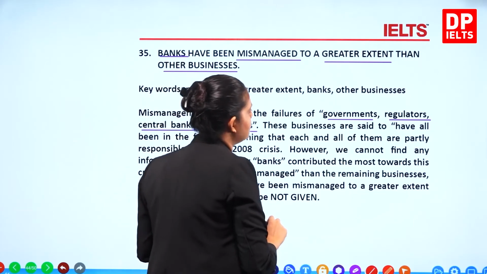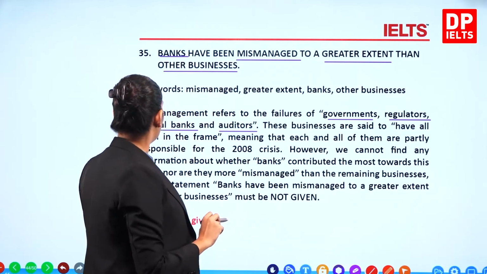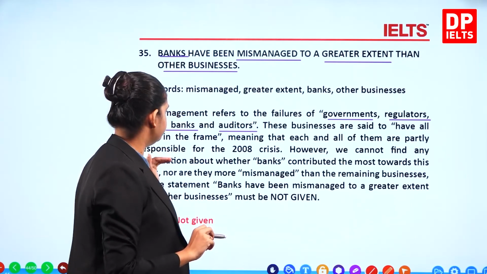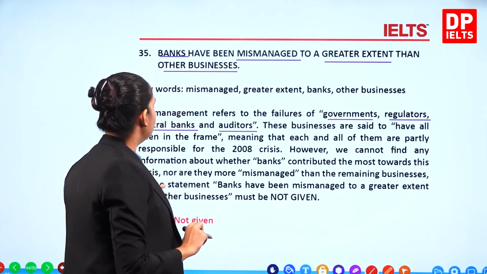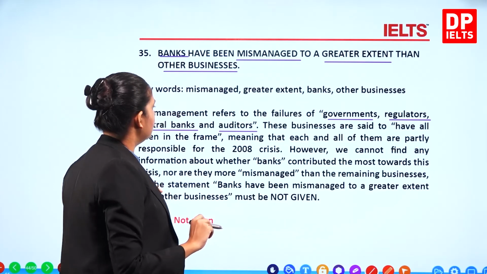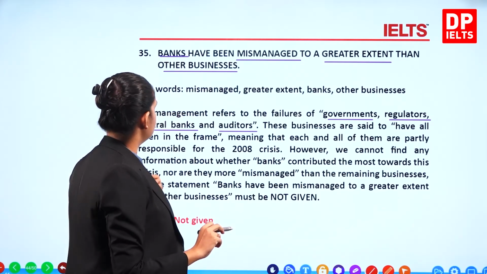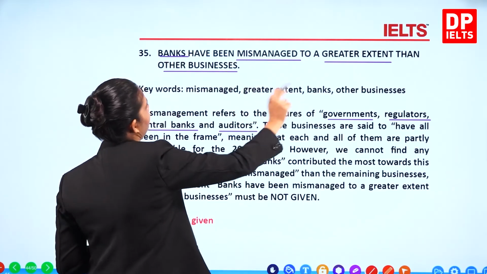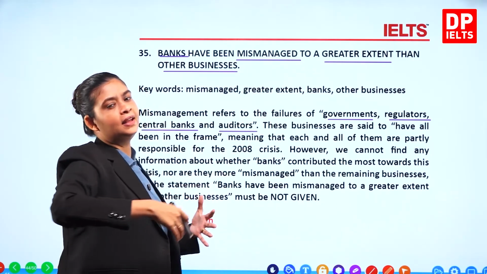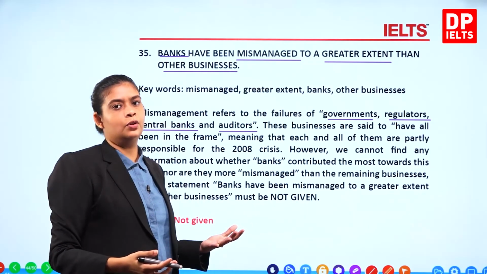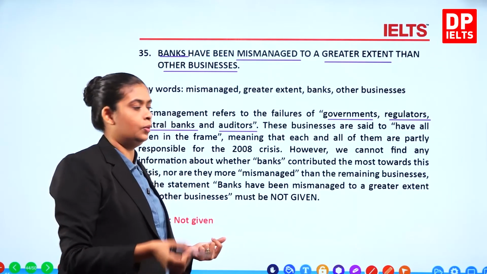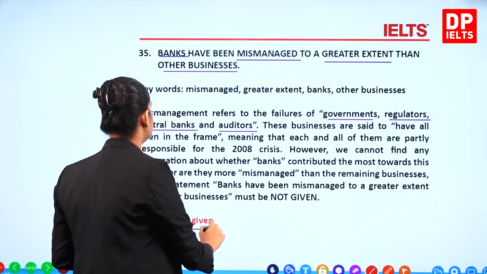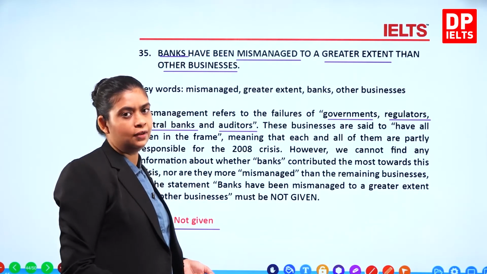So these businesses are said to have all been in the frame, right? However, we cannot find out whether they contributed the most towards this. So, greater extent. It does say that it did have some kind of contribution, but was it more than the others? We don't know. Therefore, the answer is not given.